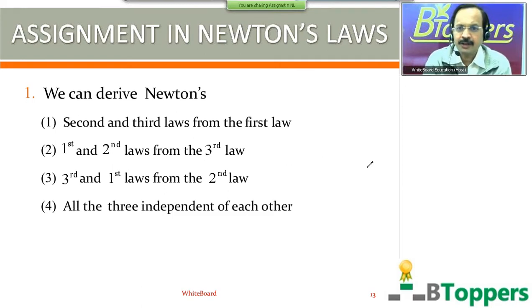So, from Newton's second law, as you know, the resultant of all the external forces acting on a body will be equal to the product of its mass and acceleration.